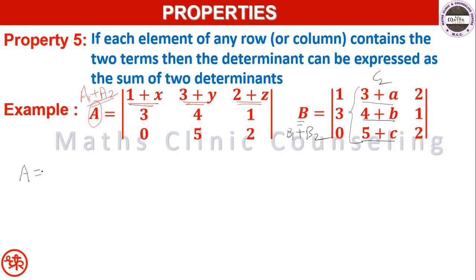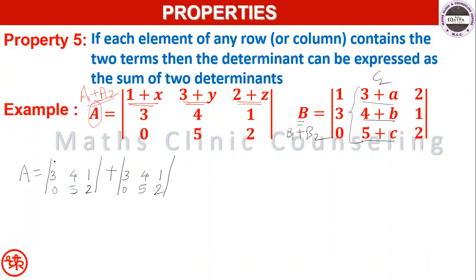A is equal to, as we said, the sum of two determinants. The second row and third row have no change, so we write the second row as it is, 3 4 1, and the third row 0 5 2. Now in the first row, every element has two terms.